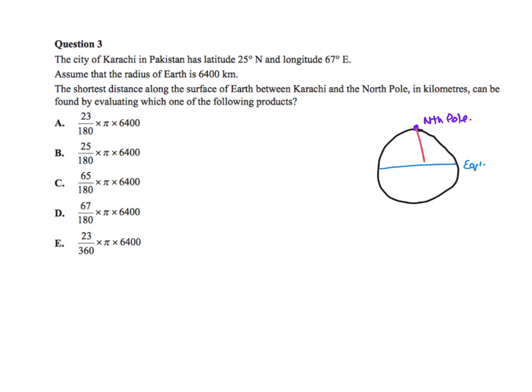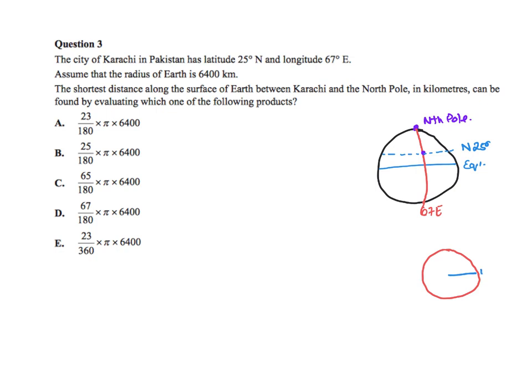We're going to pretend they're still on the same longitude. This would be that longitude line of 67 east, but it's up here on the latitude of north 25 degrees.